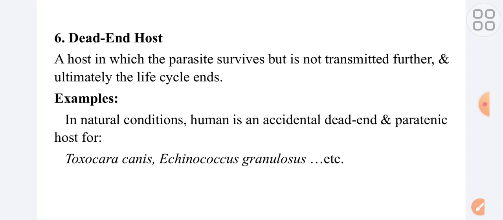Example: in natural conditions, human is an accidental dead-end and paratenic host, so there will be no further development for Toxocara canis or Echinococcus granulosus in humans, unless, if he or she dies and dogs eat him, that may occur. But in real life, this is not common.